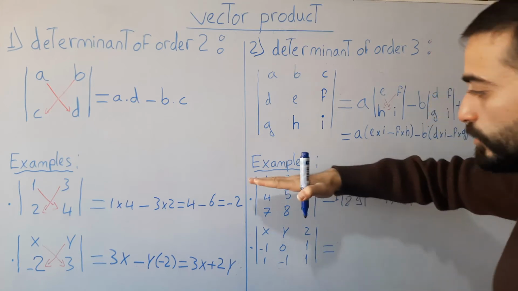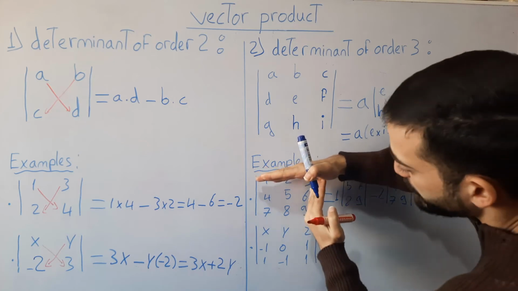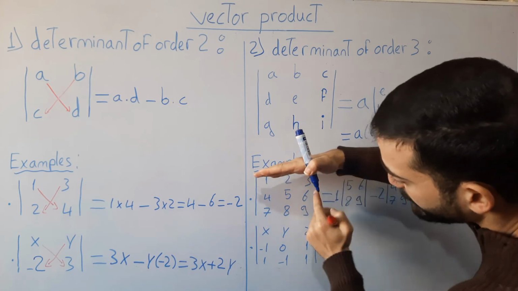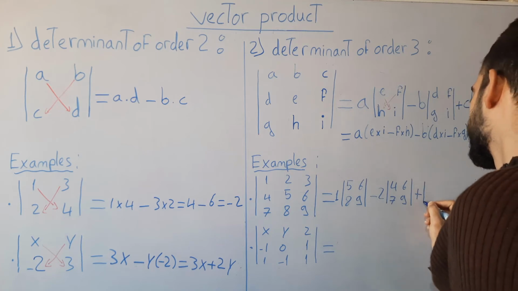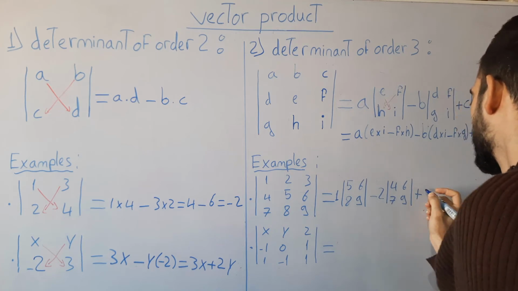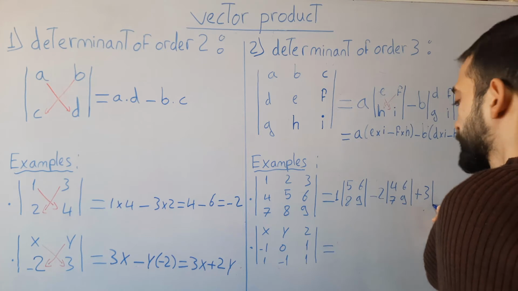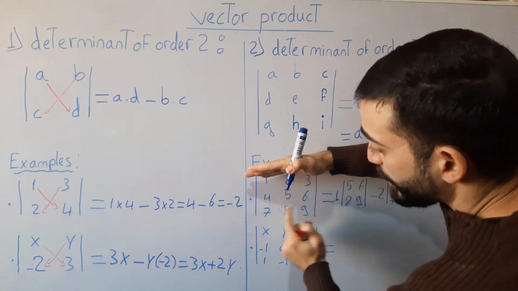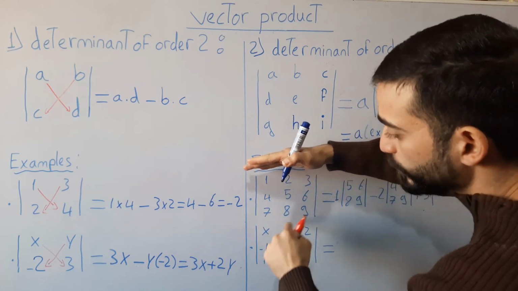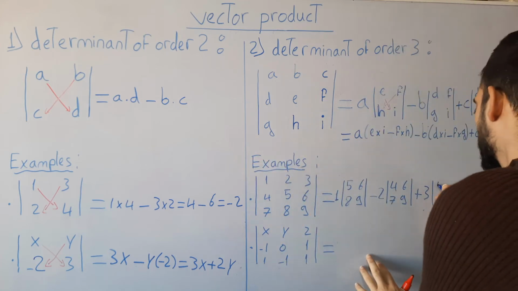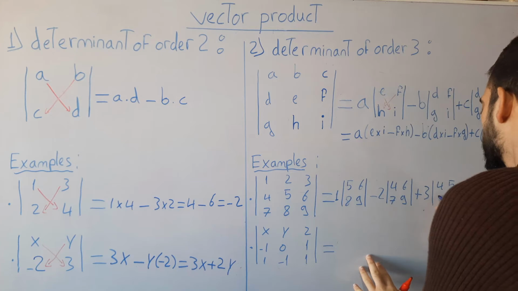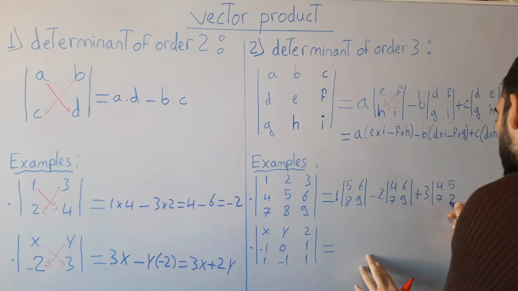Plus, we cross the first row and third column. The intersection is 3. What remains is the determinant of order 2, 4, 5, 7, 8.